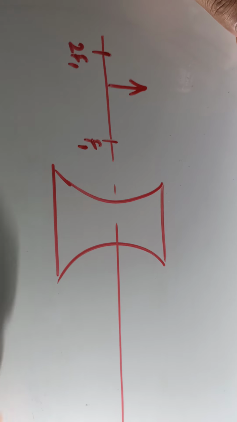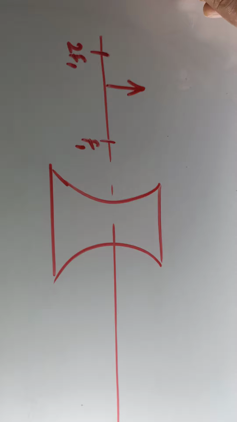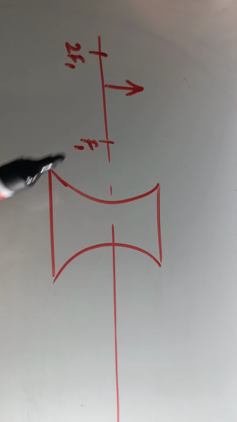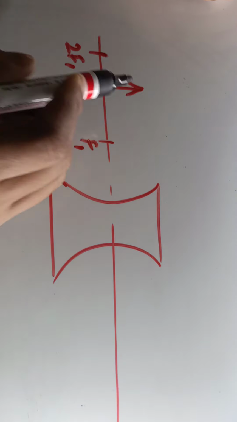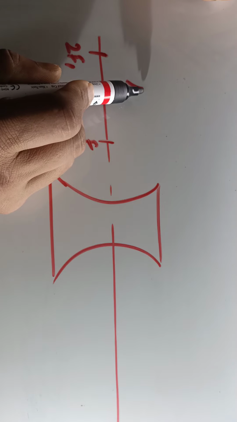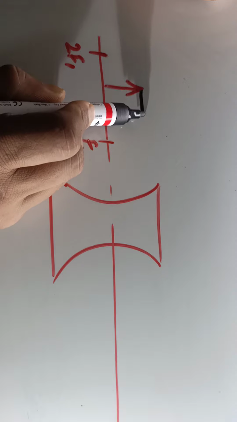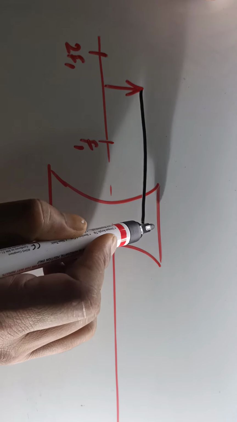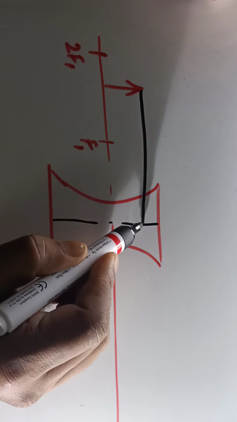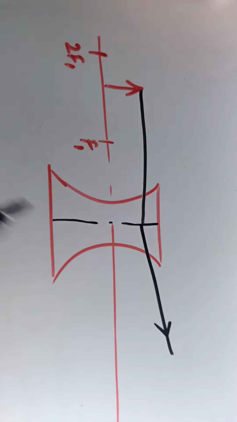In case of concave lens, there is only one image formation. No matter wherever you keep the object, the image will always be formed between f1 and the optical center. For example, in this case the ray of light travels parallel to the principal axis, and after refraction it goes in this direction.